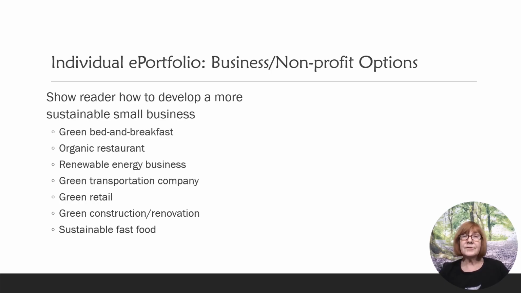Now, you do not have to find a similar business or real business or measure anything. That's what you're going to do in Capstone if you're in the program. If you choose a nonprofit, you will also be writing your blogs to show the reader how to develop a sustainable nonprofit.